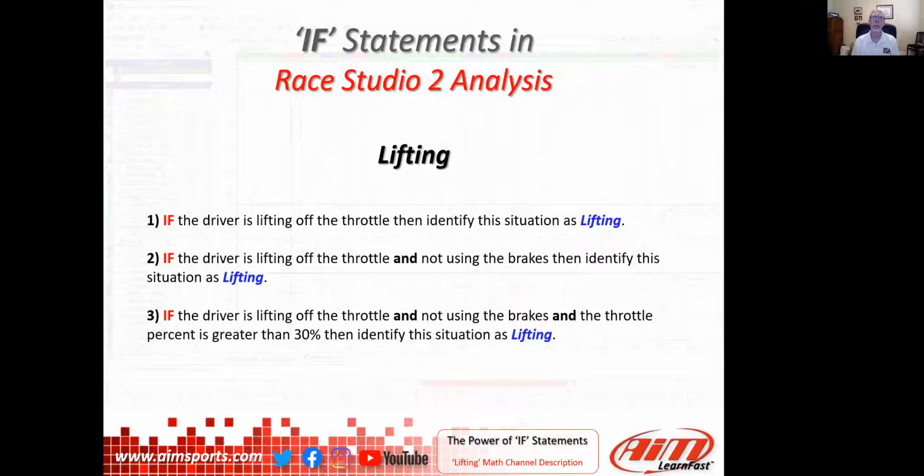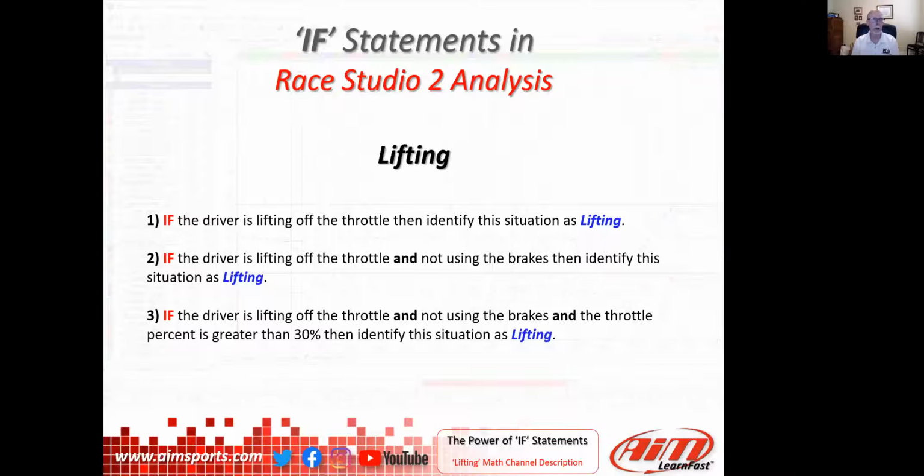The three that I've come up with: first, if the driver is lifting off the throttle, then identify the situation as lifting. So if he's off the throttle, he's lifting, period. The second one is if the driver is lifting off the throttle and not using the brakes, then identify the situation as lifting. So I want to take away when he's simply braking the car.